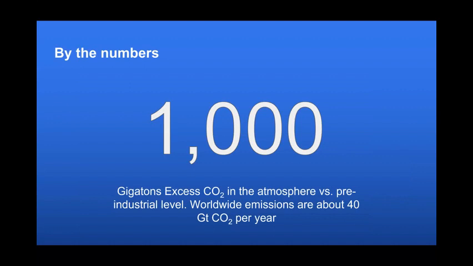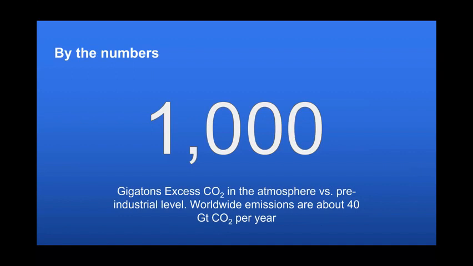So that's a pretty big number. But what's a gigaton? That's just a big number. It doesn't really mean anything. It is worth noting here that 1,000 gigatons is the total. Per year, worldwide emissions are about 40 gigatons of CO2.